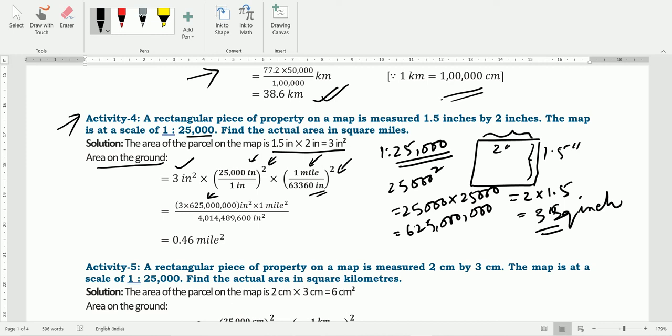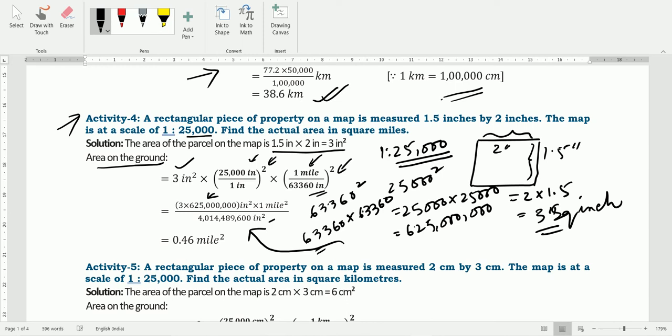Then it is to be divided by this value. This value means 63360 squared, that means 63360 multiplied by 63360.